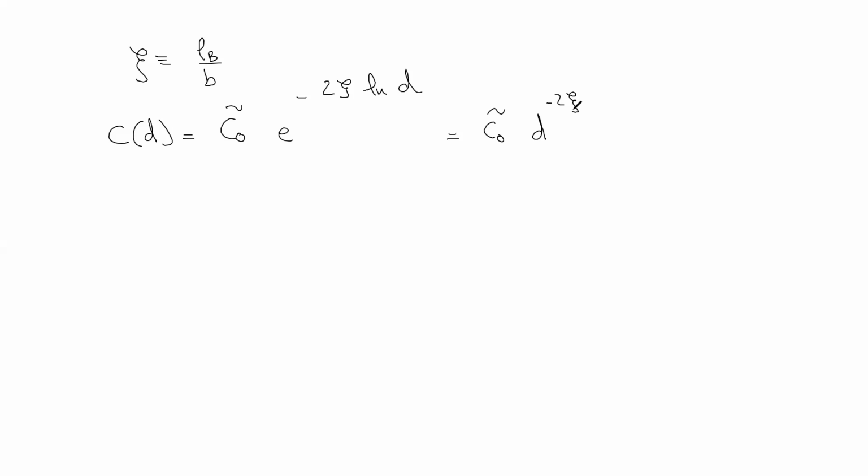It's a power law. You don't have any exponential anymore. It's the combination of that logarithmic potential and the exponential Boltzmann factor. So you have a decay of the concentration profile that is a power law from the axis. You have the axis of your DNA with plenty of charges around, and then the concentration diminishes as you go away from the axis.